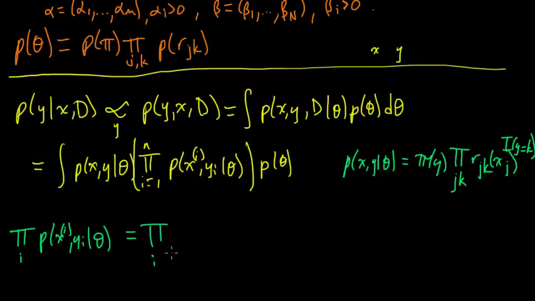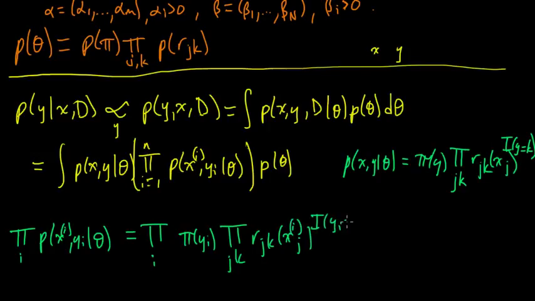Product over i, pi of y_i times the product over j and k, r_jk of x_ij, to the indicator that y_i equals k. I'm dropping what the range of these products is, but you can always go back and check what it happened to be. Not particularly important.